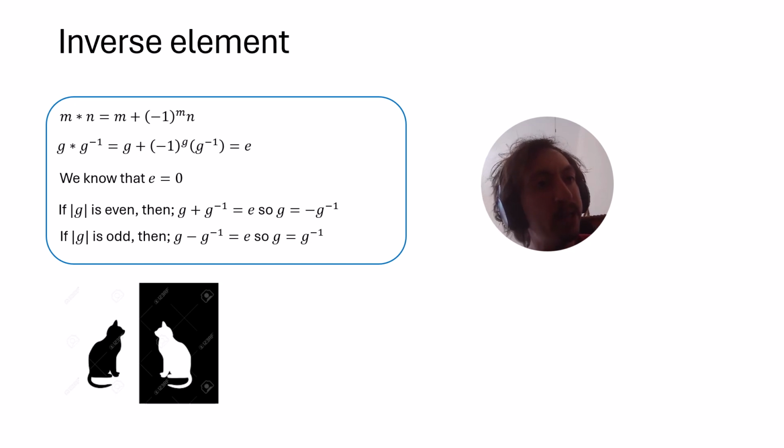Now, it's worth saying that evidently, because g is an integer but is allowed to be positive or negative, g to the -1, as it's either equal to g or equal to minus g, is also going to be within the group.